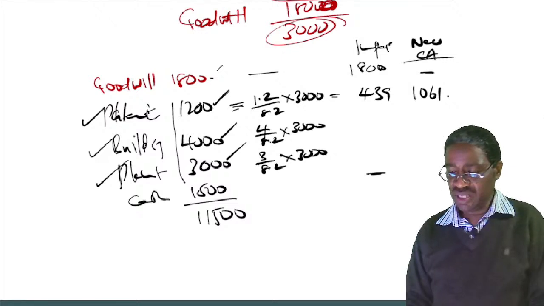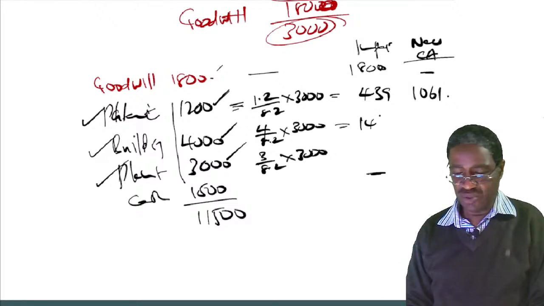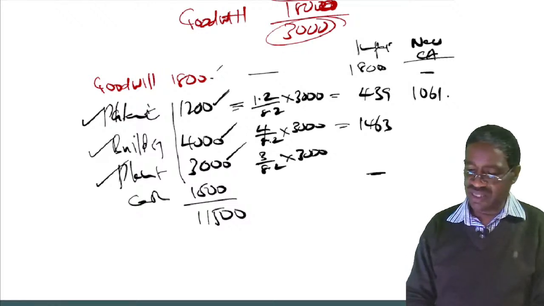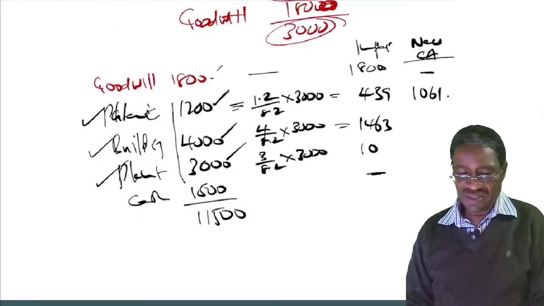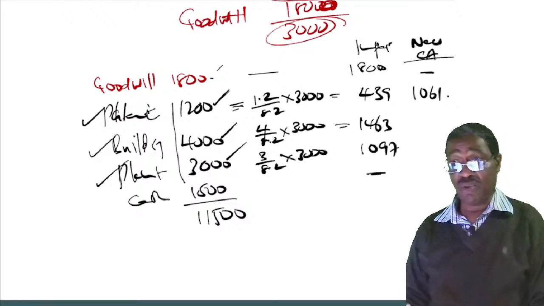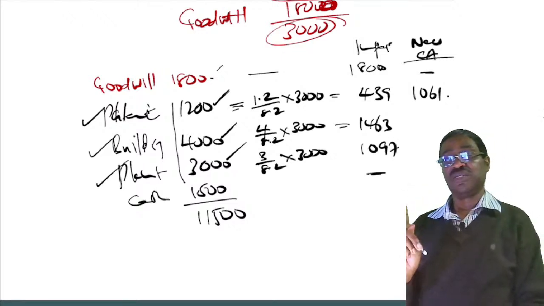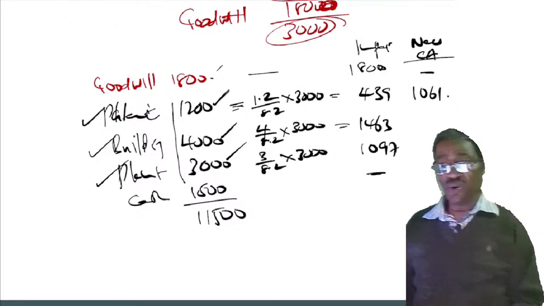That would mean I would have written off 1,463. Then finally against the plant, it would have been 3 million divided by 8.2 times 3 million. That would have been 1,097. But I want you to get my point now. What I've done, I want you to get my point.